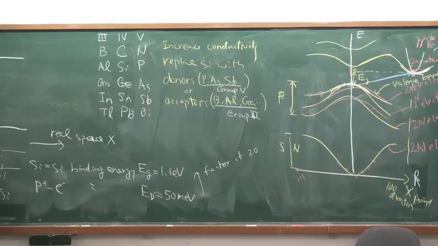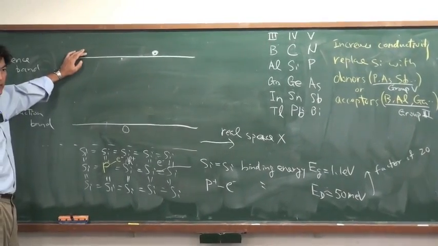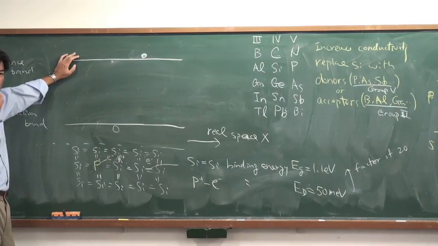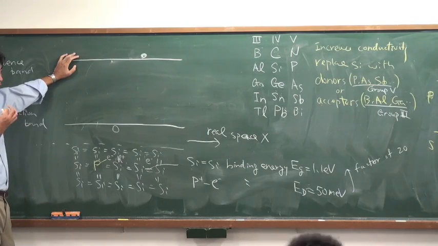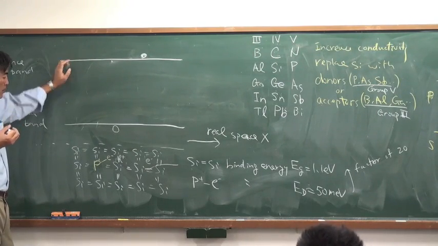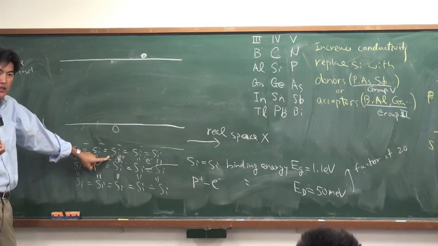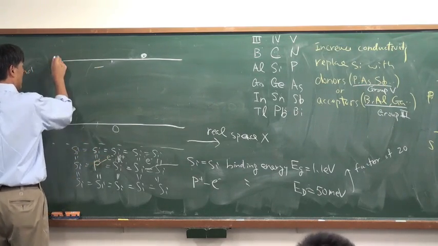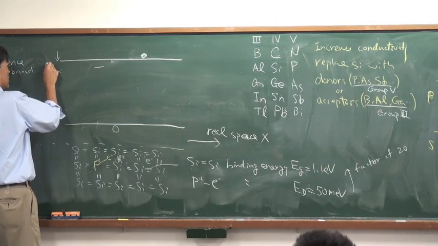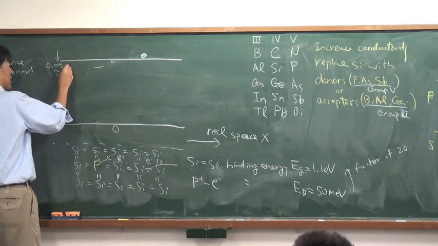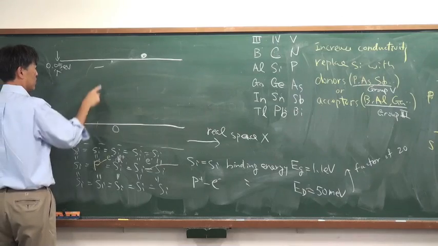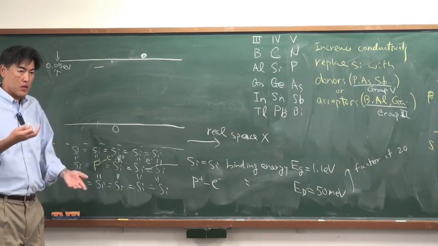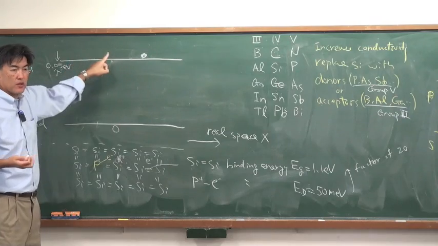So if I take the conduction band as a reference for a freely moving electron, then this electron binding energy is only 50 millielectron volts, or 0.05 electron volts, below the conduction band, right? The trap depth. This is a freely moving electron level.